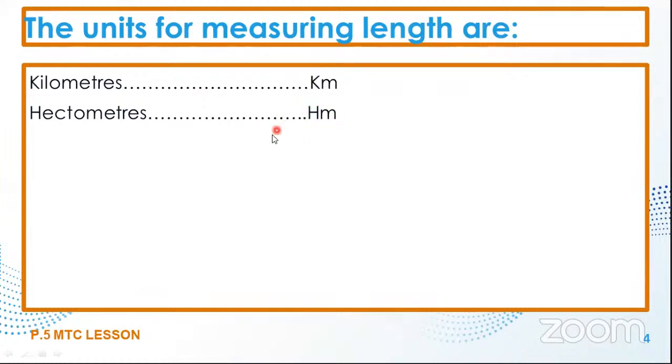Then after hectometers, we have another unit. Now, I have arranged these units from the biggest to the smallest. It means kilometers is the biggest unit for measuring length, followed by hectometers.